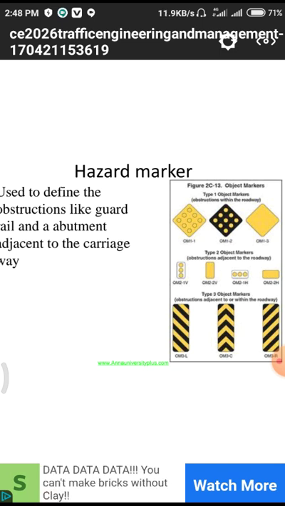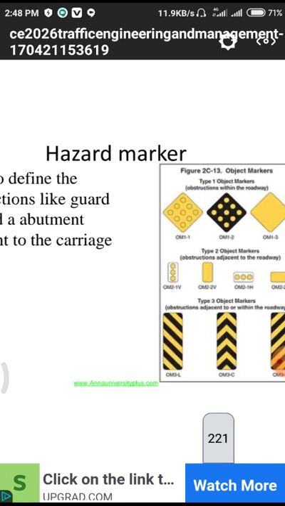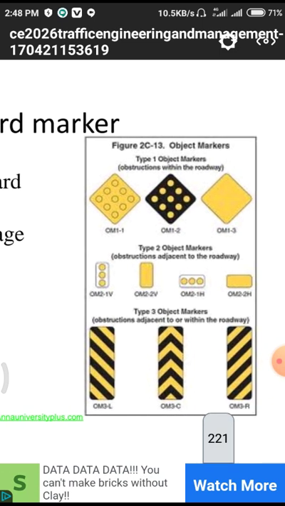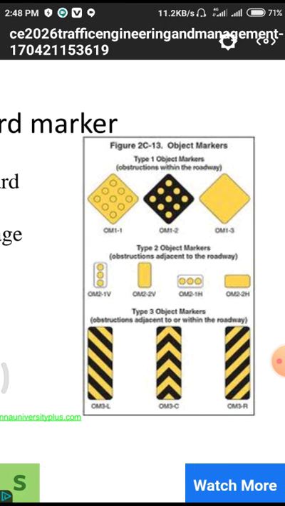Each and every one has particular symbols, and they are used by the symbol. First one is a completely yellow portion with some circles. After that we have a completely black portion with yellow circles. After that we have a total yellow board. There are some indications, CM1-1, CM1-2, CM1-3, CM1-4, CM1-5. Likewise we have different numbers and indications.